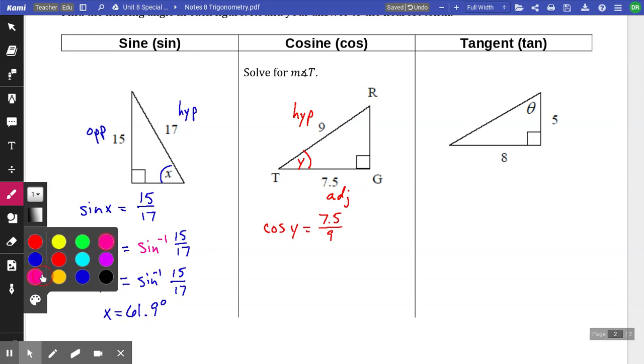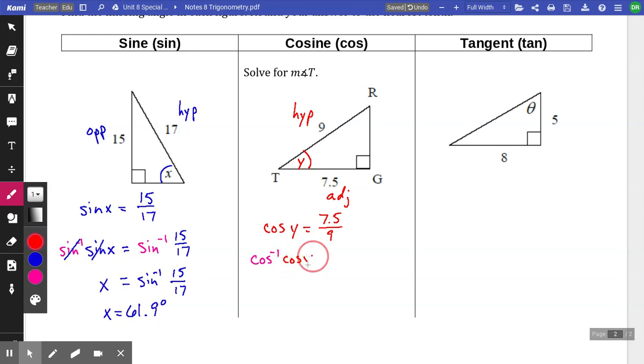And to solve for it, it's just like before. You use the inverse of cosine. We need to get y by itself. We need to get rid of cosine over here. And so if we use the inverse of cosine, what happens is arc cosine cancels with cosine, and you just get y, which is exactly what we wanted.